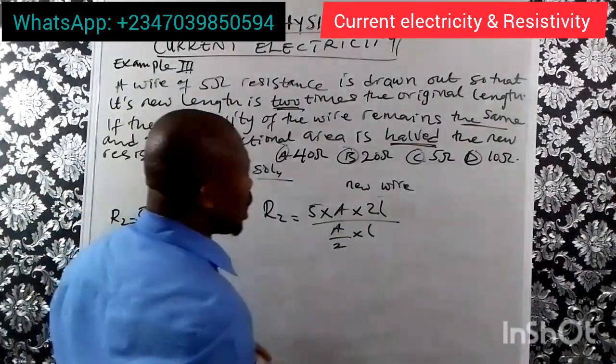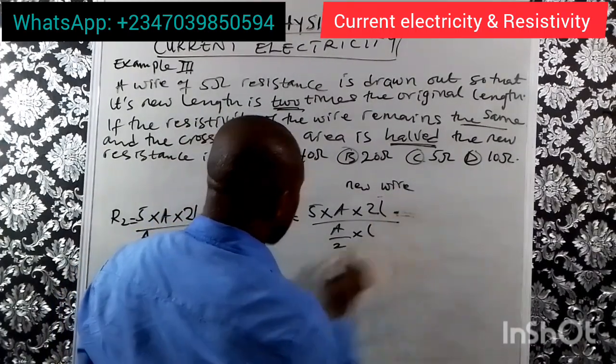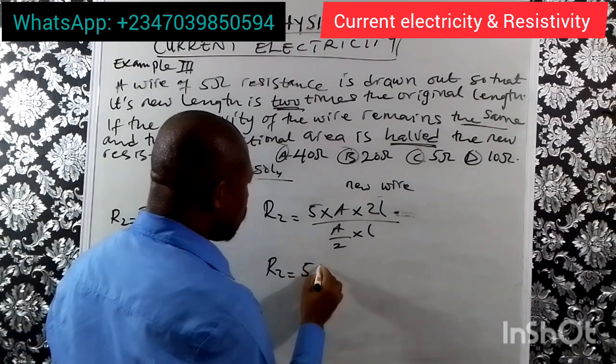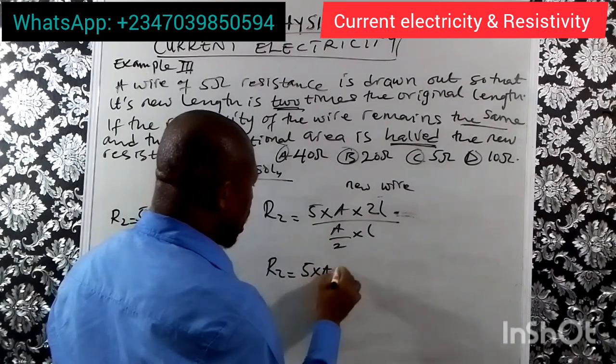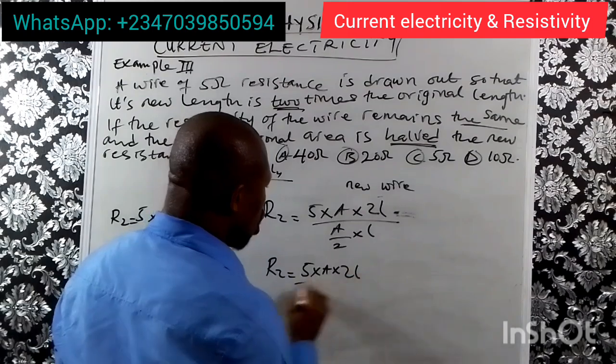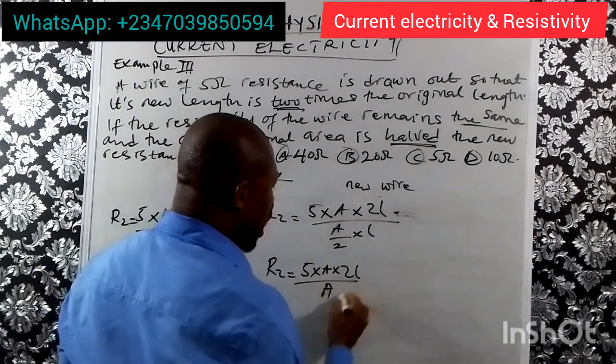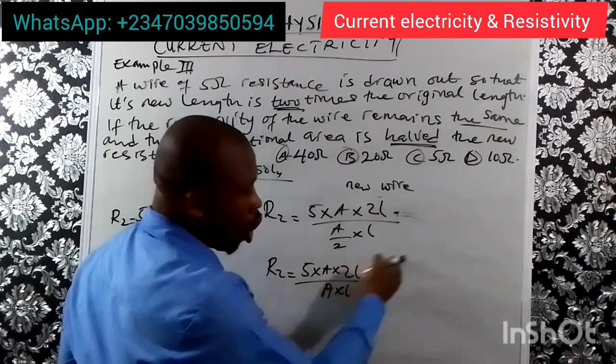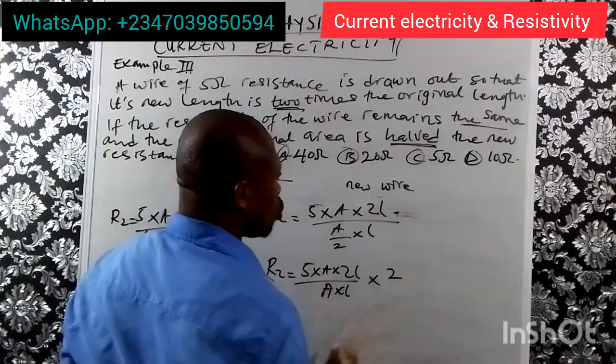R2 is equal to 5 times A times 2L all over A times L, multiplied by 2 over 1.